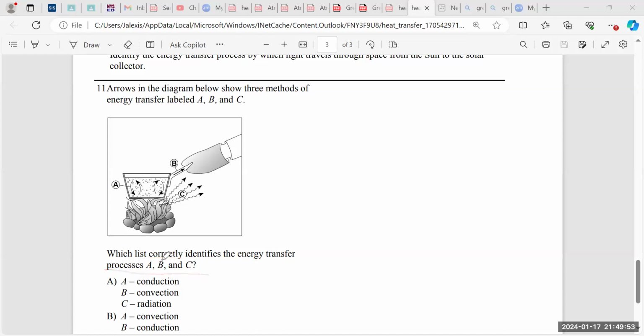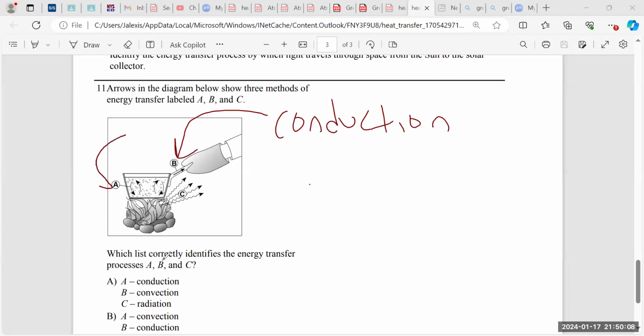All right, well, let's break it down. Heat is coming through contact at B. If heat is coming through contact, that is conduction. If there's a circulation of heat within fluids, like water right here, that circulation of heat is convection.